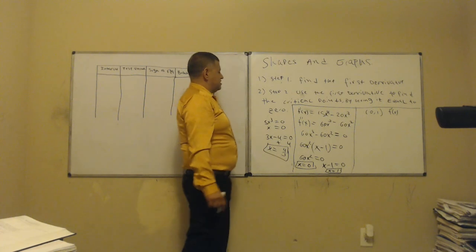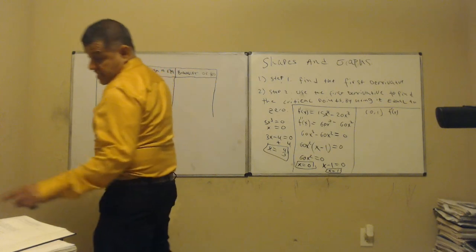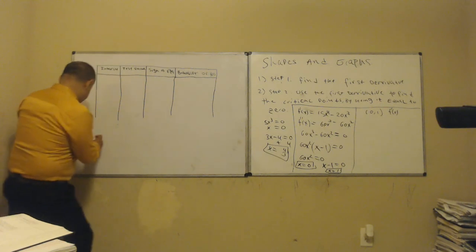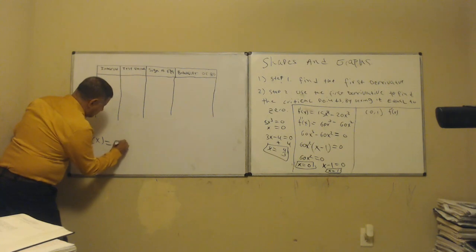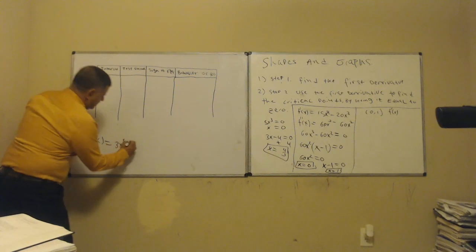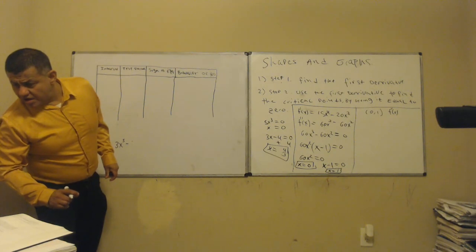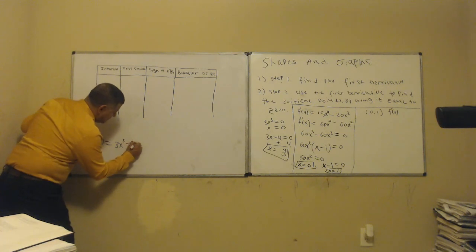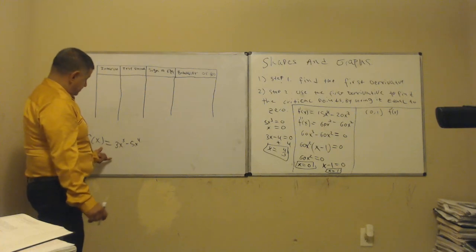Remember that the original function was the following. The original function was f of x equals 3x to the fifth minus, I think it was 4. No, it was 5x to the fourth. So this is the function. Plus 1.